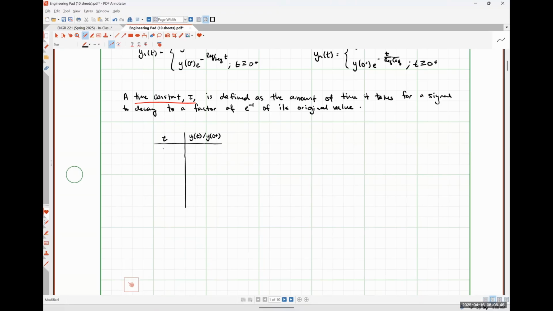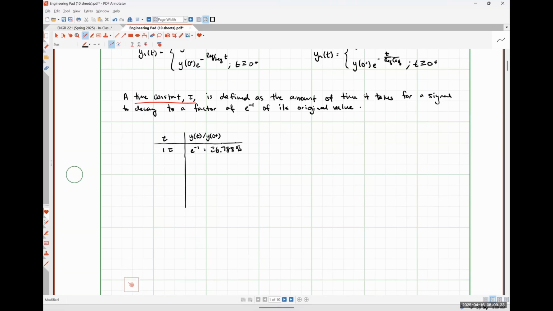So at one time constant, this is going to be simply e to the minus 1. And if I put e to the minus 1 in my calculator, this turns out to be 36.788%.